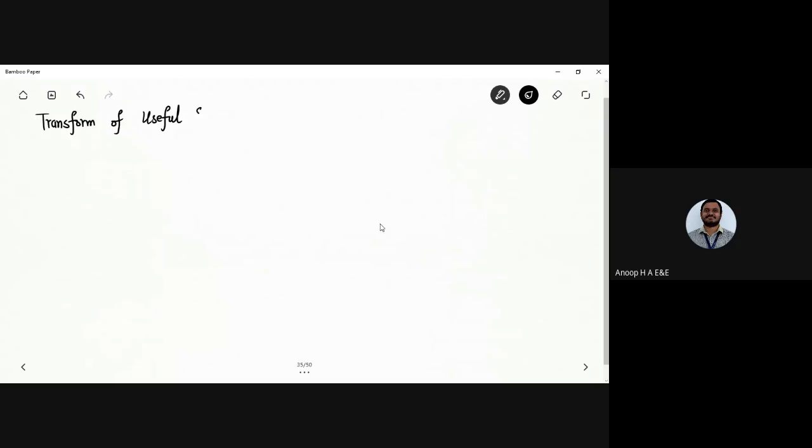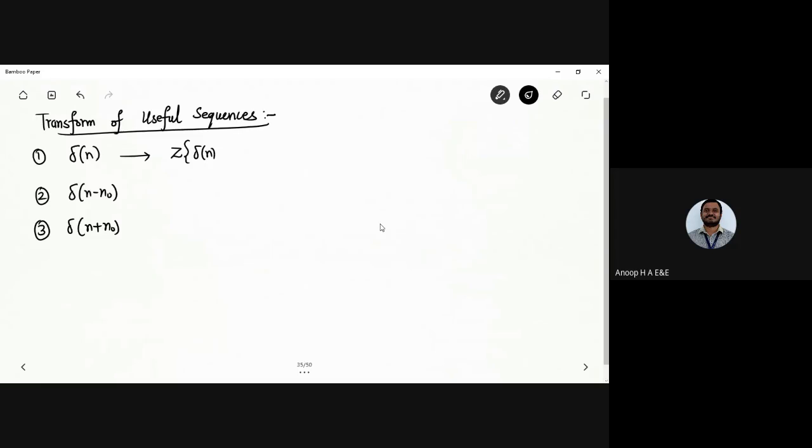First one, that is delta of n. Second one, that is delta of n minus n naught. Third one, that is delta of n plus n naught. So what happens if I take the z transform of delta of n?